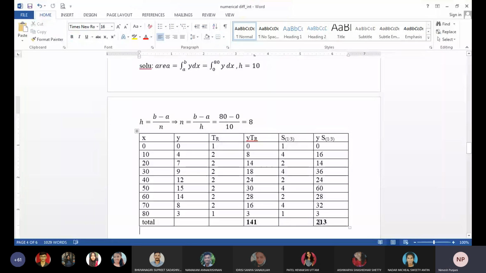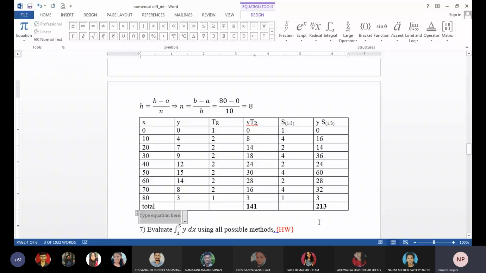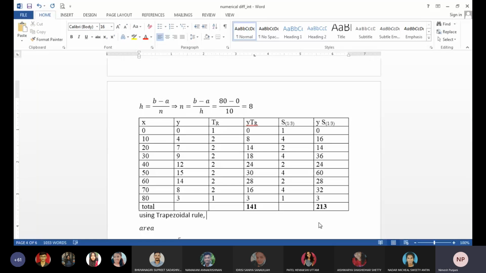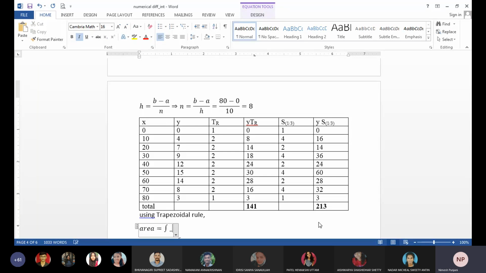I told you to think because I had done it without using the calculator. So first we will find out the area using trapezoidal rule.